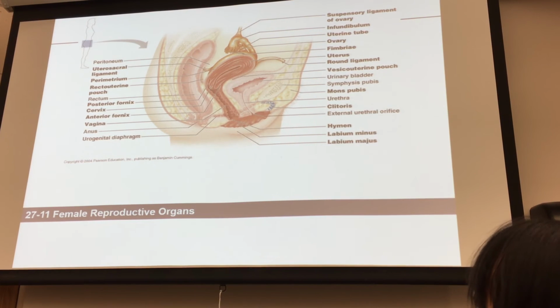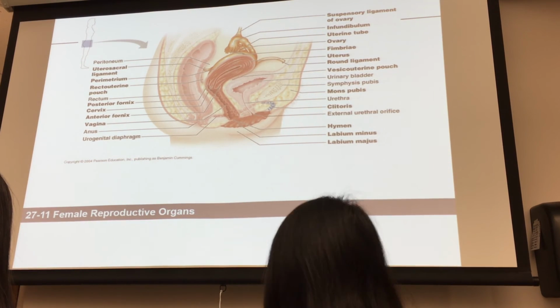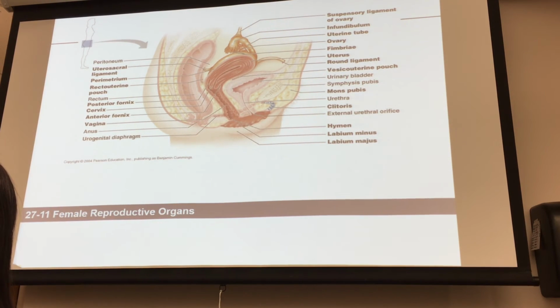Female. What's the goal of the female reproductive system? Nurture an embryo. All right. How many ovaries? 2. How many fallopian tubes, oviducts, uterine tubes are there? 2.